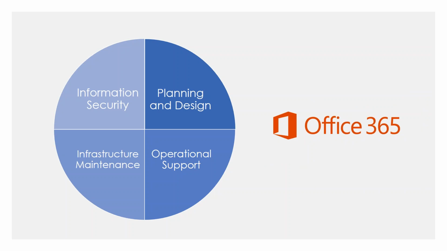This concept of these four domains can be applied to individual IT solutions, so thinking about Office 365, and I'll go into some more specifics later on if we have time. Office 365 is a pretty common solution for a lot of nonprofits right now. To deliver that solution or that service effectively requires proper planning and design. It requires maintaining proper information security considerations.